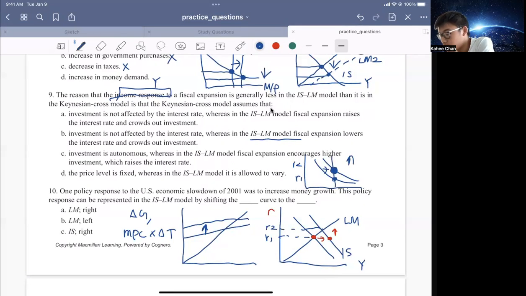It raises the interest rate. So I think the answer is A.